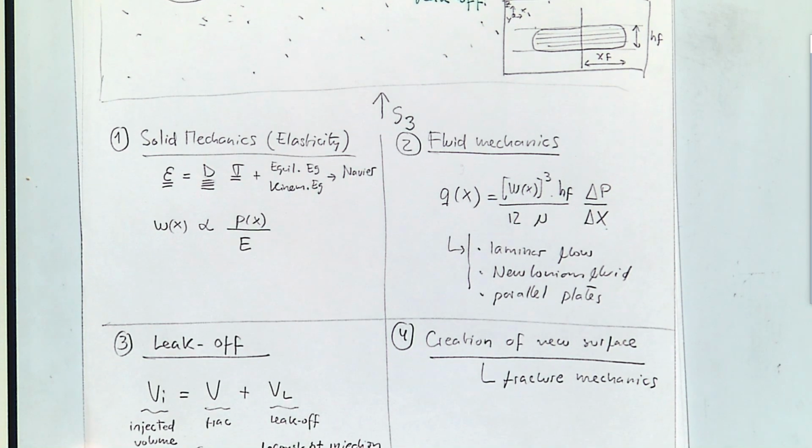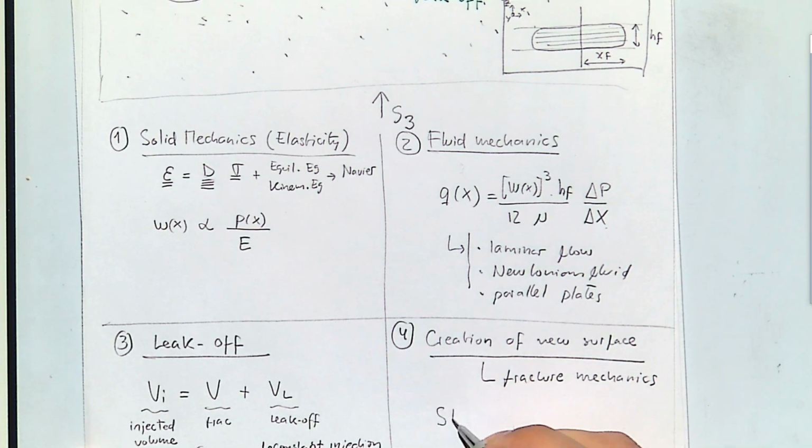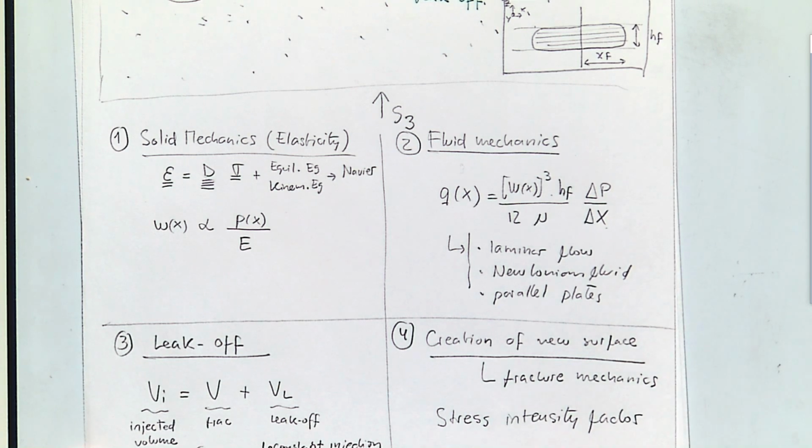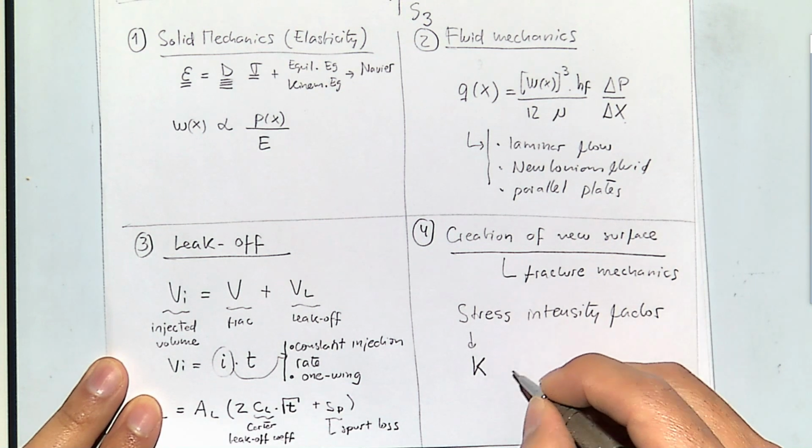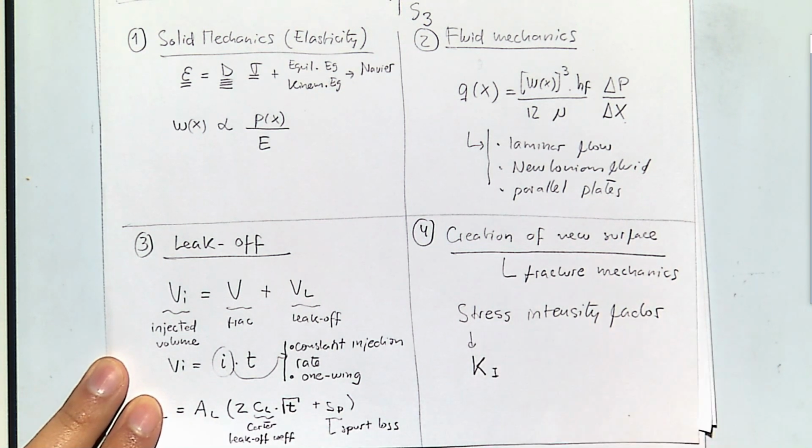But instead, we use something else called stress intensity factor. And this goes by the letter K1, that's Roman 1.